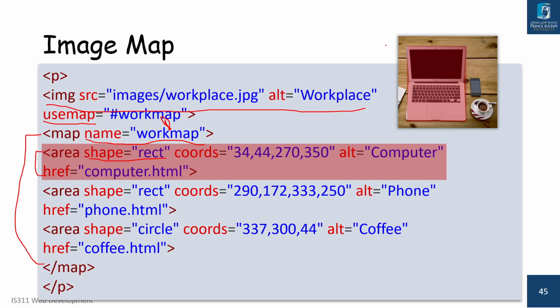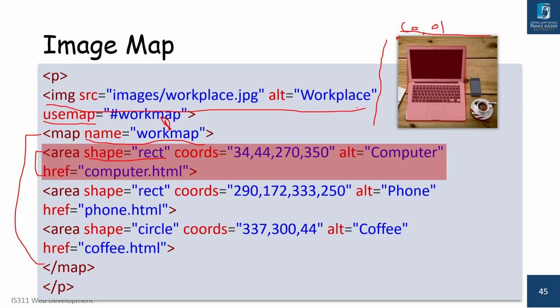If I consider this image, this is the top left corner, it will be 0, 0. X is 0, y is 0. X is when we are moving in the horizontal direction, and y when we are moving in the vertical direction. If I go in this way, those are positive values of x. If I go down, those are the positive values of y.